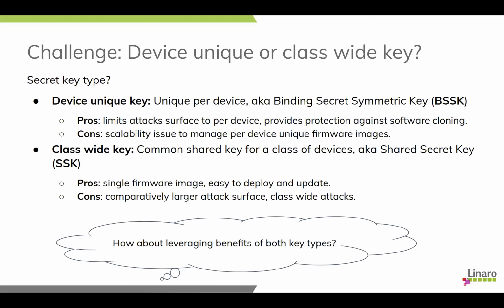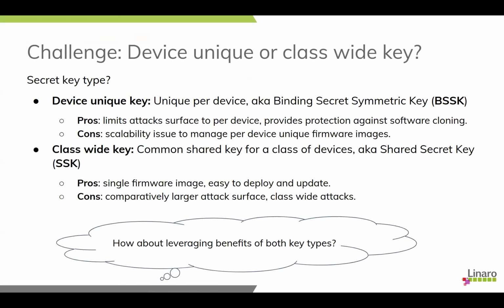Now, the second challenge being the key type to use. So there could be two types of keys, one being the device unique key, or the second one being the class-wide common key. So we'll try to understand them better by discussing their pros and cons. Starting with the device unique key, which is also known as the binding secret symmetric key.